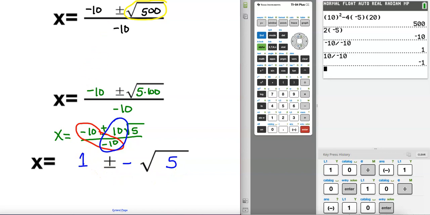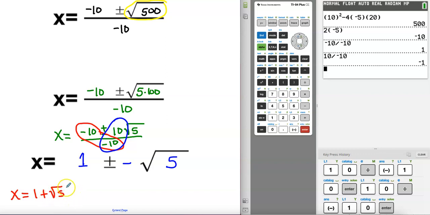Okay, and so essentially this plus or minus just tells you that you have two solutions. Now most of the time you'll see it written like this, and it's perfectly okay, but you can also understand that your two solutions would be x is equal to 1 plus the square root of 5.